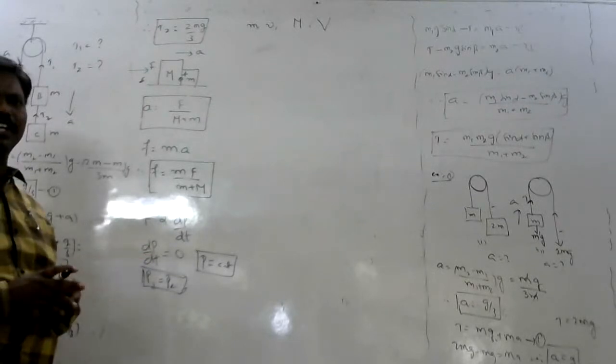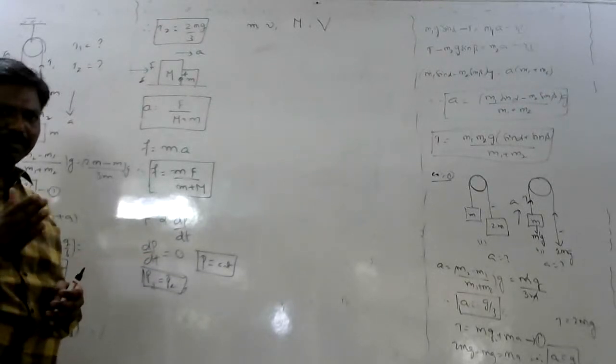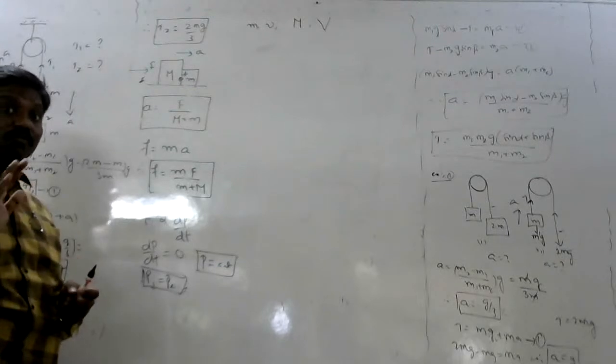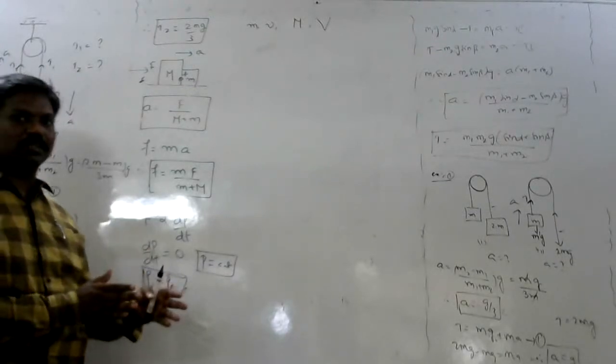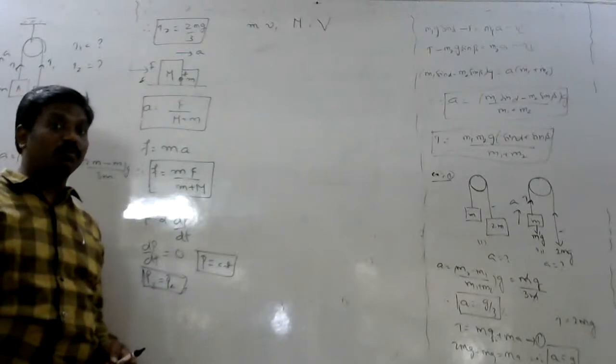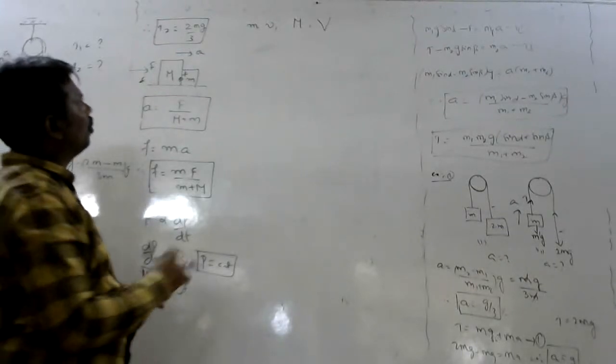From conservation of linear momentum, momentum is constant. That's why the final momentum is also zero. If initial momentum is zero, then final momentum is also zero.